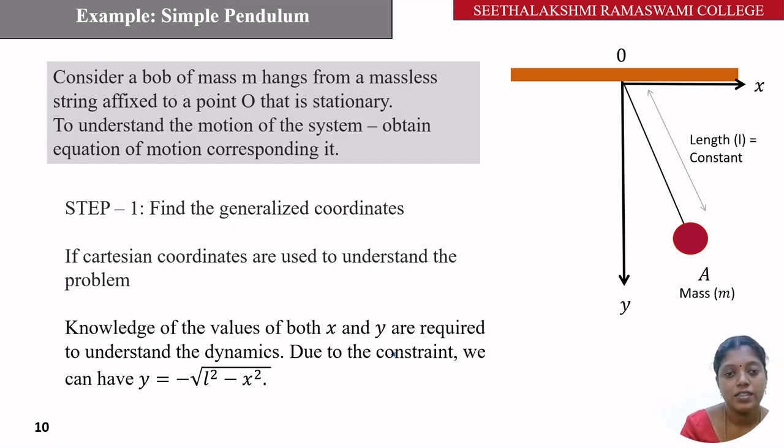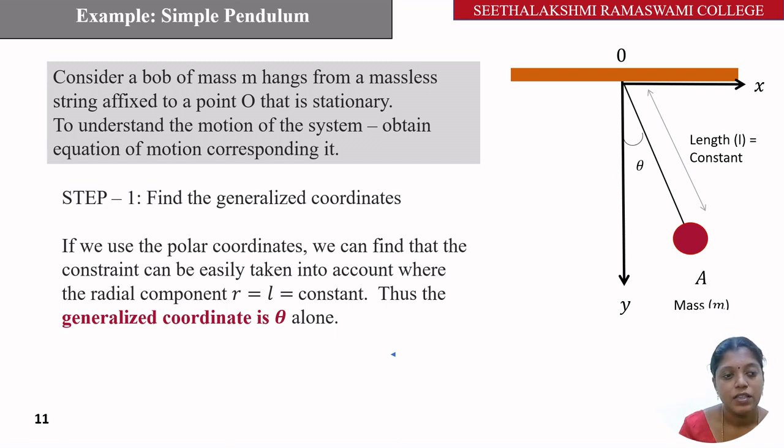Also, due to the constraint, that this length L is a constant, you can make a choice. So x square plus y square will always be L square. From that you can obtain y is always minus root of L square minus x square. But this form is not a simplified one. So if you consider the polar coordinate system, you can find that this is your radial vector r, which helps you to fix r as a constant, and the only coordinate that is varying is theta.